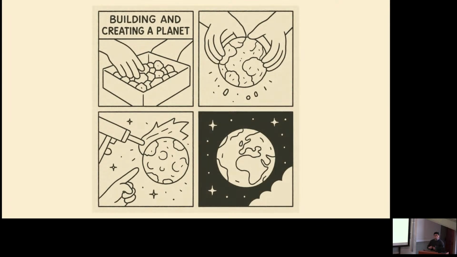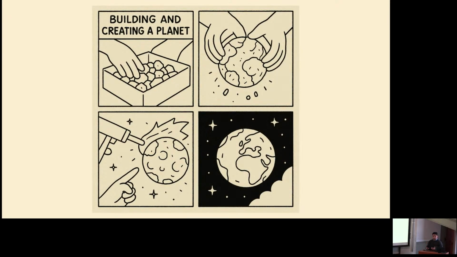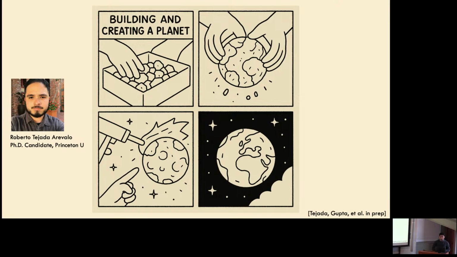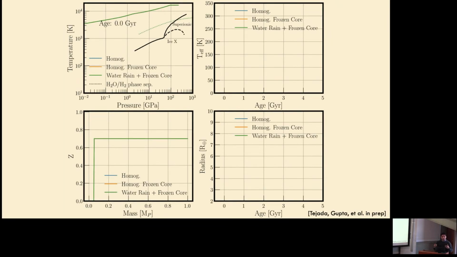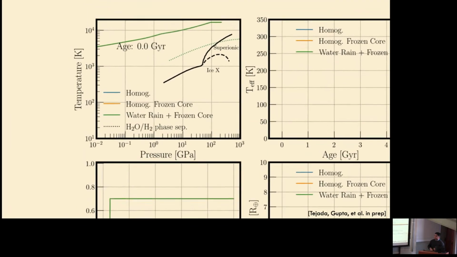But at the end of the day, these are new fascinating insights, but we need to put them together and try to understand how planets actually evolve given all these new insights. And Roberto Tejada has been leading the effort in this direction by leveraging an in-house planet evolution code called Apple, and trying to understand what would happen if we do include all these new physical and chemical insights on what happens in these planets.